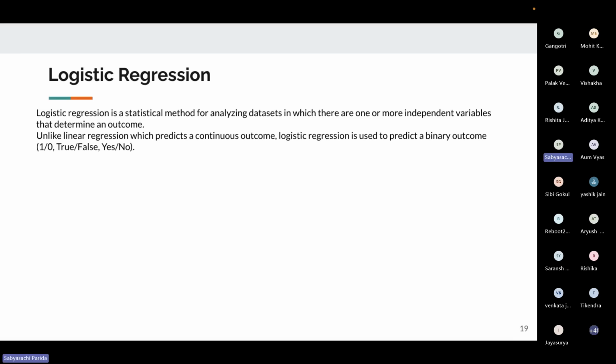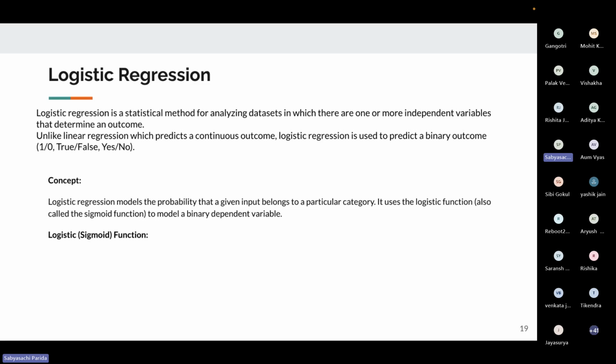So, coming to the next thing in regression, logistic regression. In linear regression, we were trying to predict a continuous variable, for example the stock market or house price prediction, where the value can be anything, such as between 0 and 1 or negative. In that case, we built a linear regression.